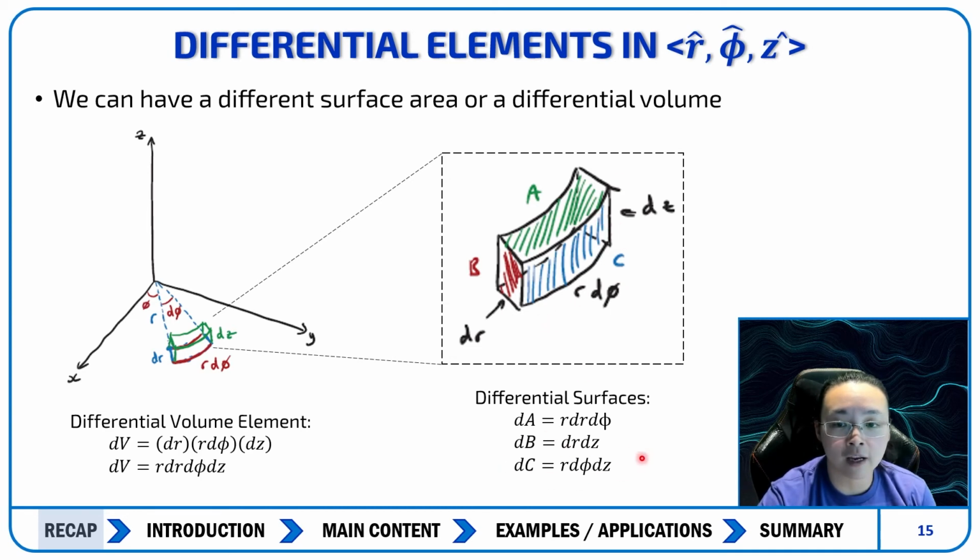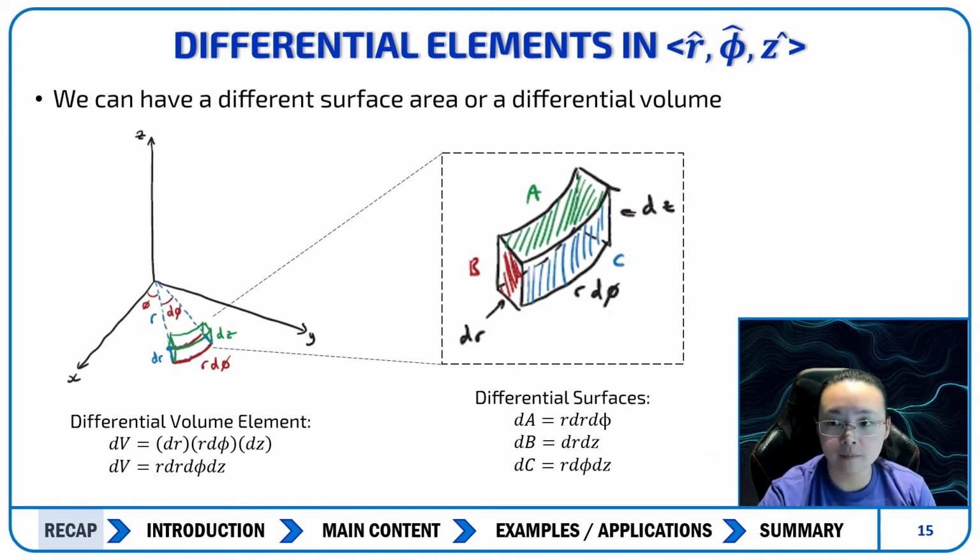So we can define the differential surface area element of C as dC. Similarly, we can do dB, which is dr times dz, and we can do dA, which is dr times the arc length r d phi. These are just examples of how you can easily manipulate an equation based on the coordinate system that you choose.